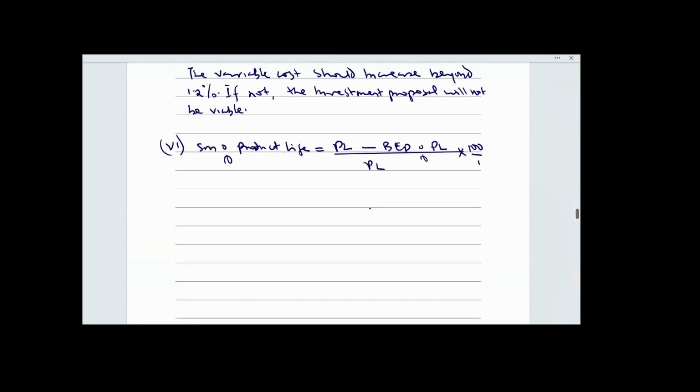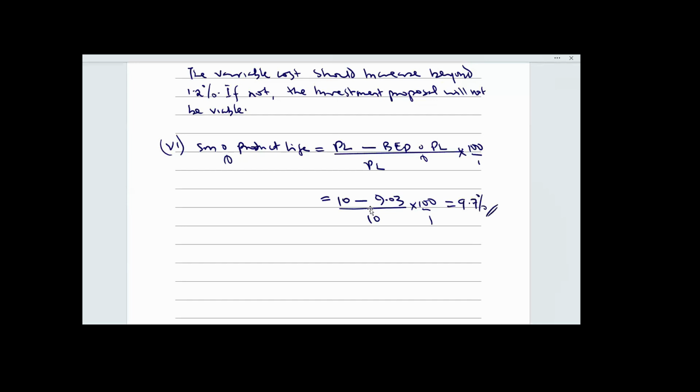So I will then come here. This is equal to normal project life of 10 years minus break-even point of product life, which is 9.03, all divided by project life of 10 years, multiplied by 100 over 1. This gives 9.7%.